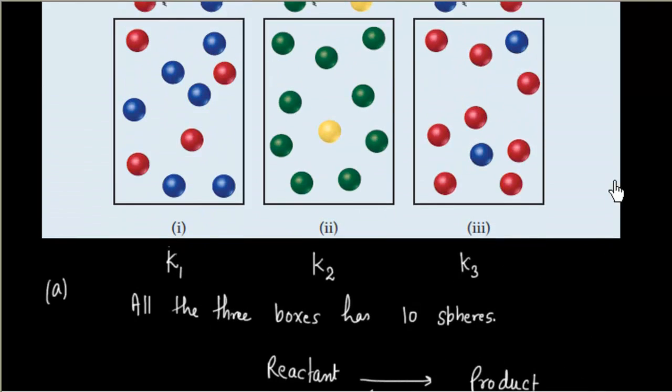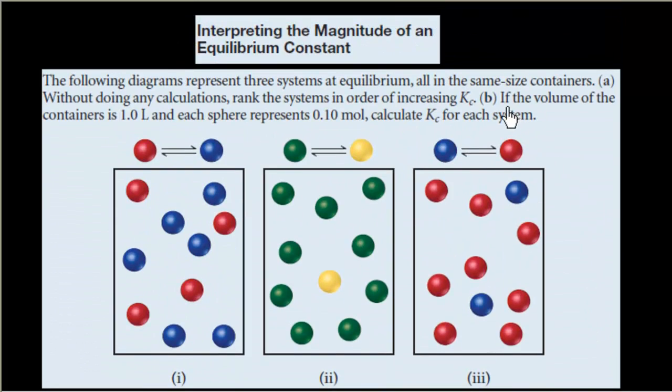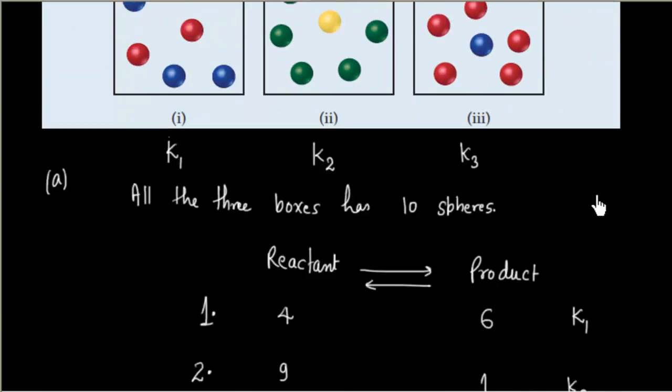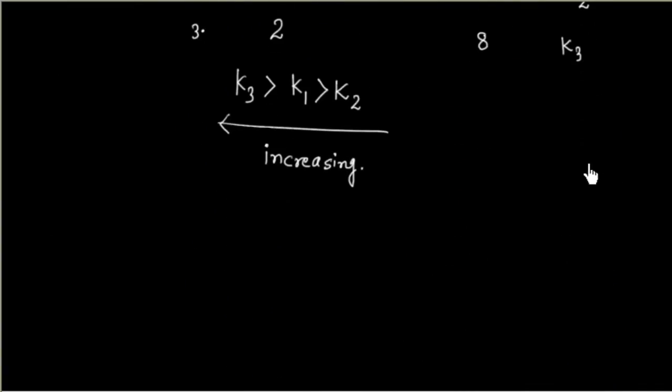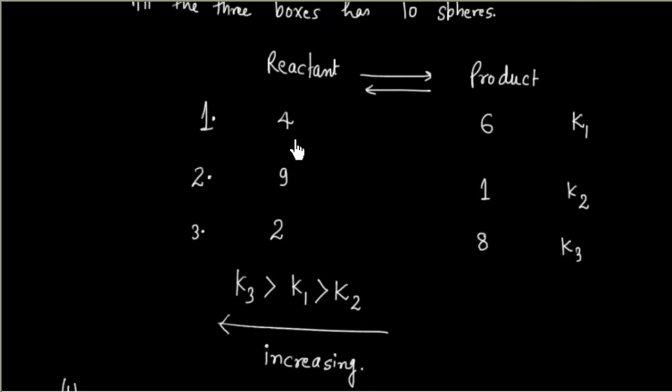Now part B says, if the volume of the container is 1 liter and each sphere represents 0.1 mole, calculate the Kc in each case and rank the values of Kc. Now let us do part B. Each sphere basically denotes 0.1 mole.